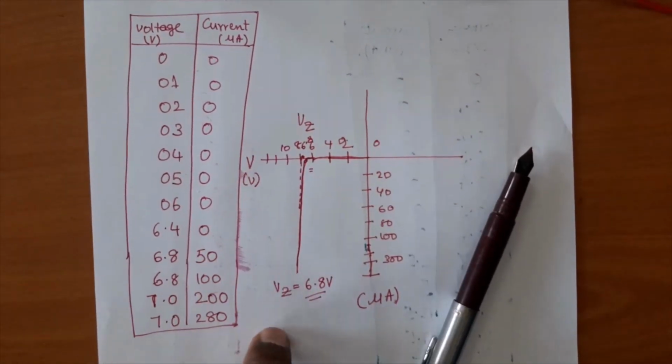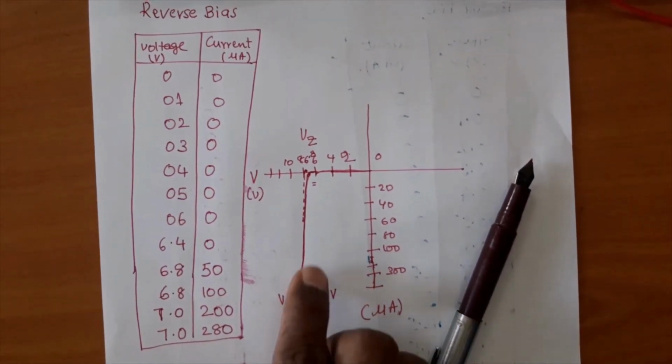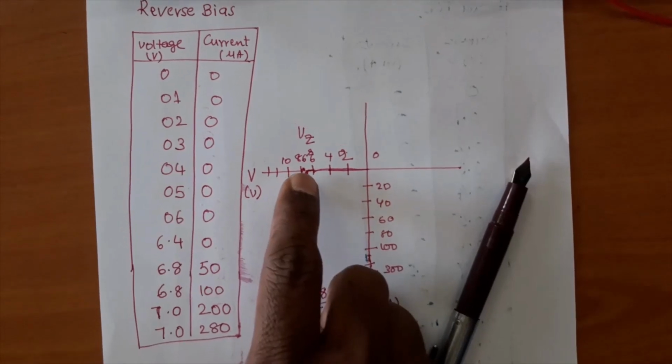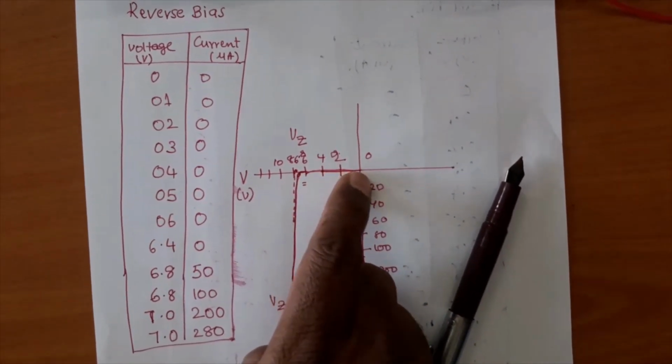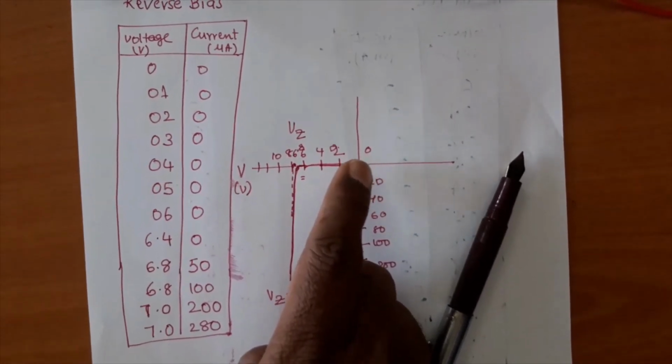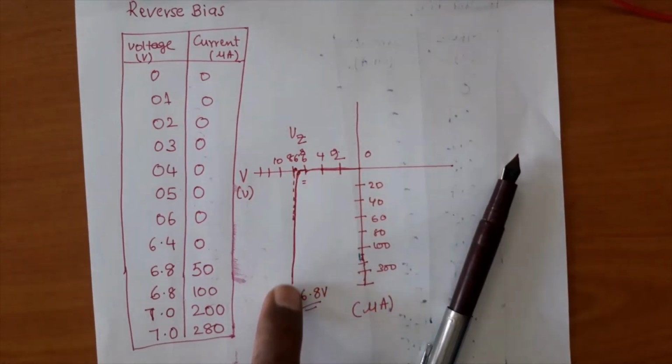And the breakdown in a Zener diode is reversible. If you decrease the value of the applied voltage, then it becomes normal, and it again goes to breakdown if you increase the voltage.